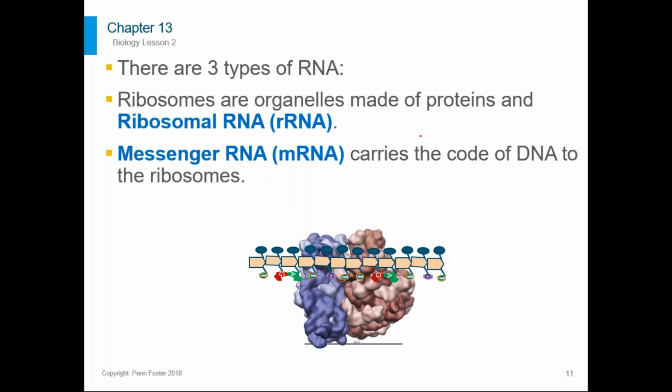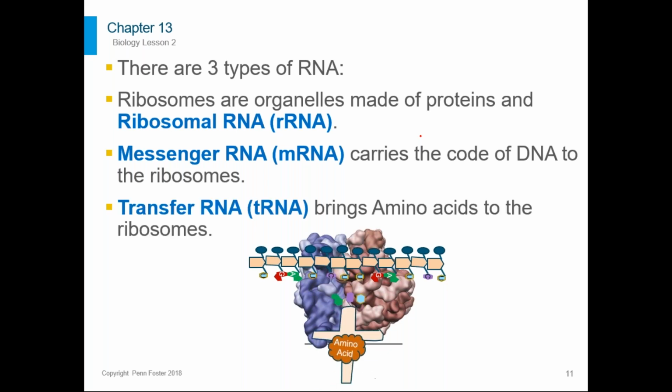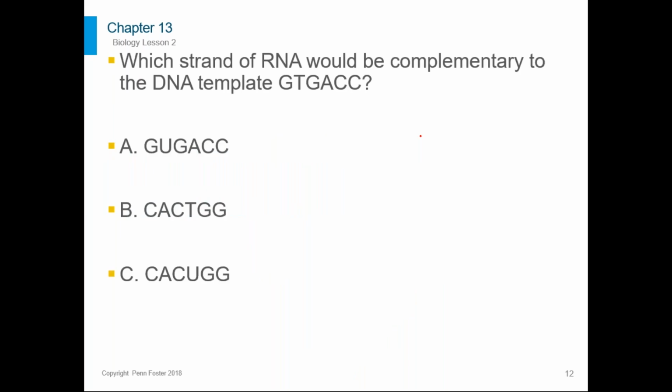It's going to tell the ribosome what to do. And then you have transfer RNA, which brings in amino acids to the ribosomes. We'll talk about why that's important in a minute.